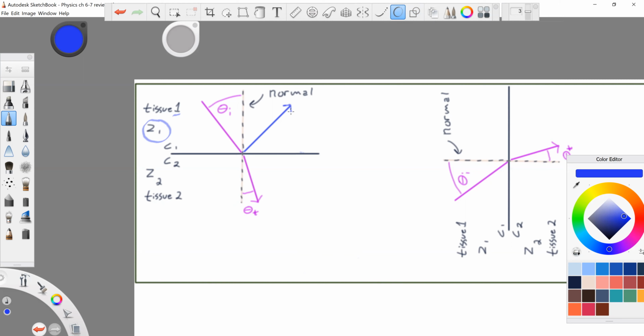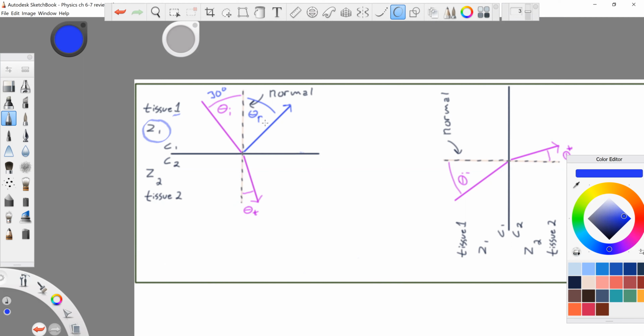So if this angle, theta I, is incident, let's say that is 30 degrees, I know that's one of the questions anyway, then what is this angle? I didn't draw it quite to scale, but that's theta R, reflected. What is that angle, guys?